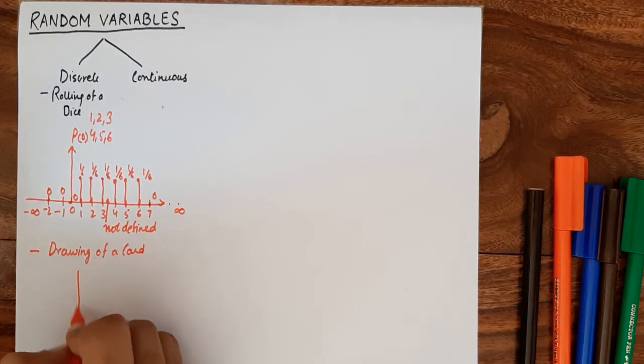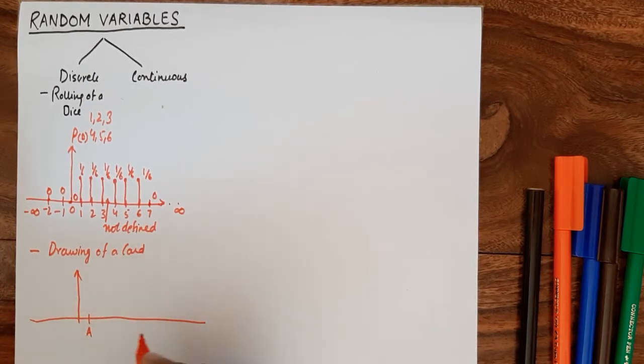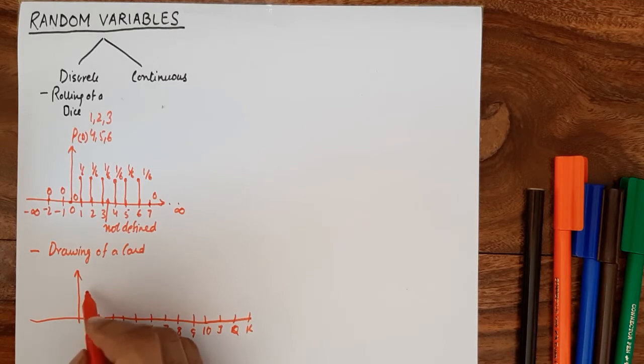So we can say that the happening of A, which is 1 or 2 or 3, 4 up to, they all have the probability of occurrence equivalent to 4 by 52.